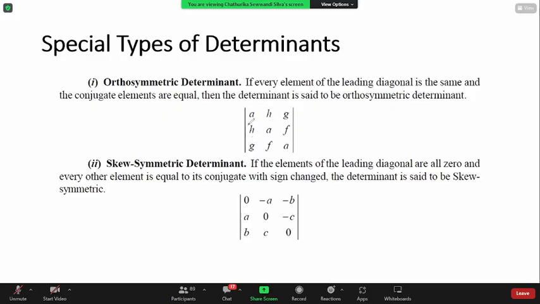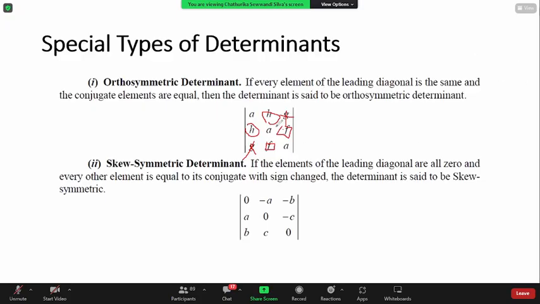Whether this is equal to this, and this is equal to this. But other than that, what they are telling is, if every element of the leading diagonal is the same and the conjugate elements are equal, then the determinant is said to be an orthosymmetric determinant.